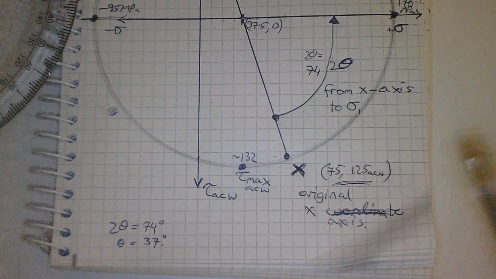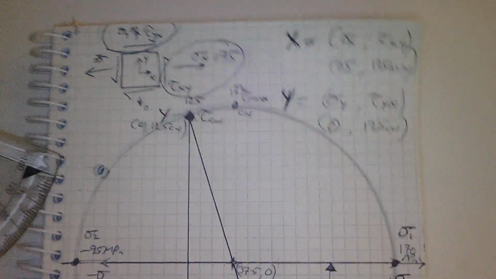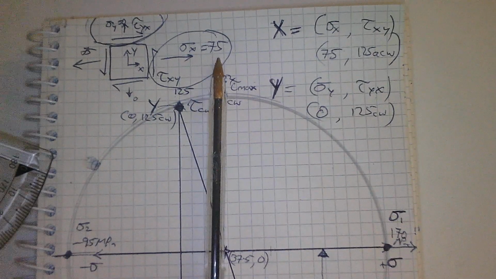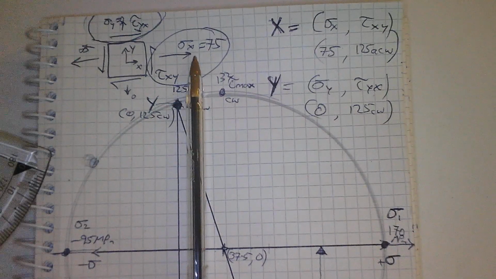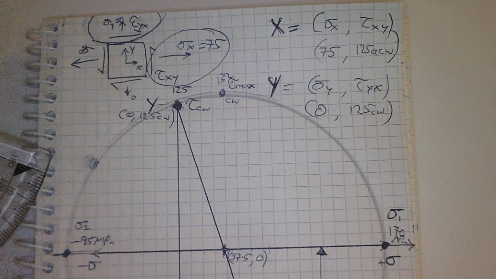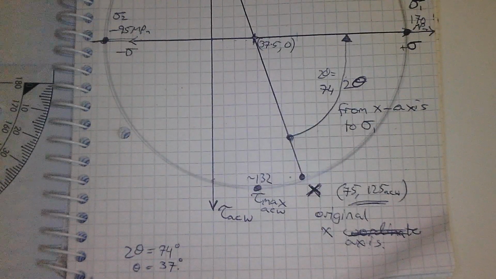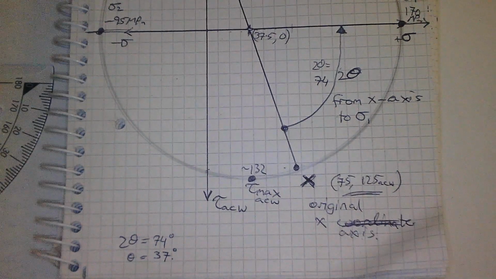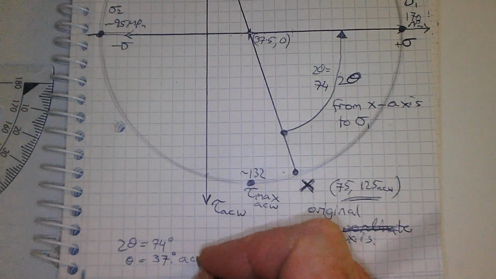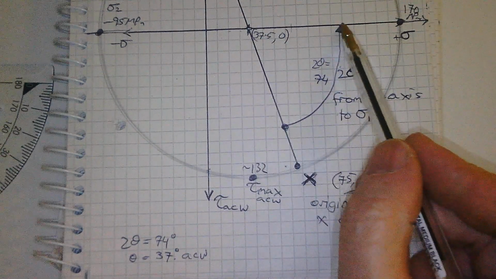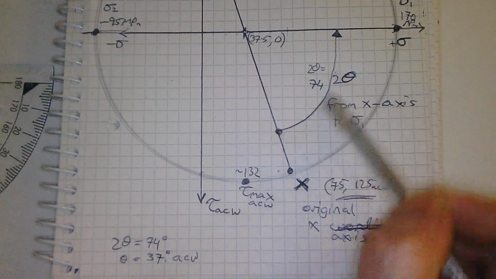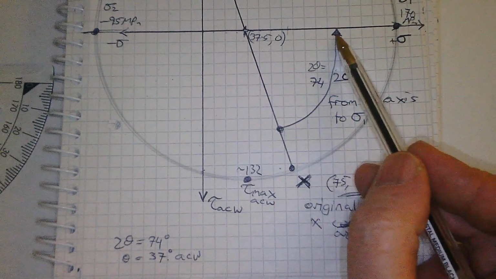Okay, so what that means is that our part in our original coordinate system had 75 megapascals of normal stress on it. If you were to look at that same part under the same loading conditions, but rotate your coordinate system 37 degrees anti-clockwise, so from our original x to our principal stress is 74 on Mohr circle anti-clockwise.